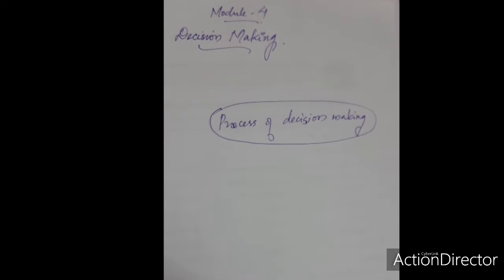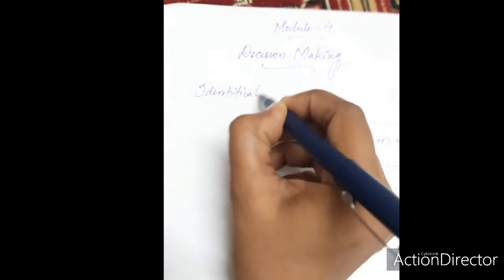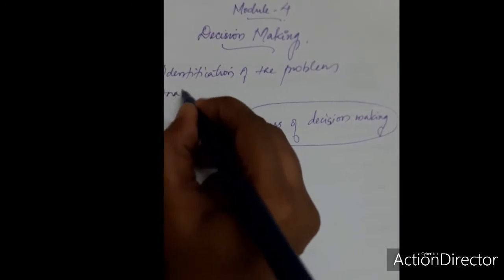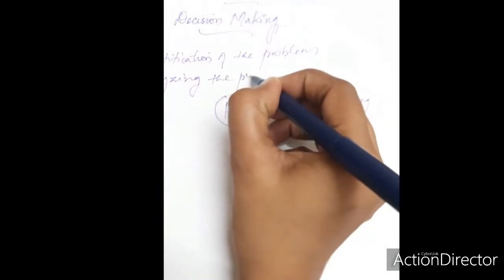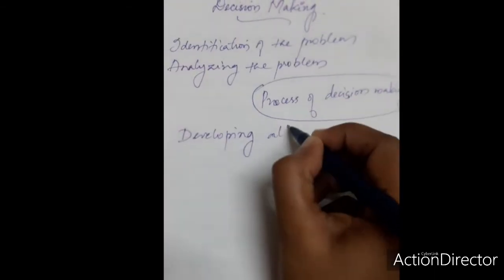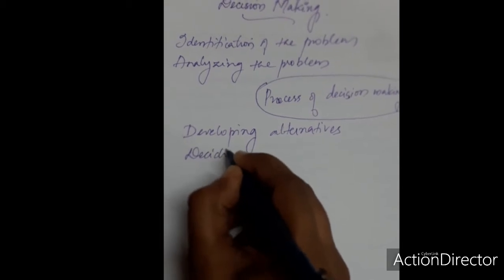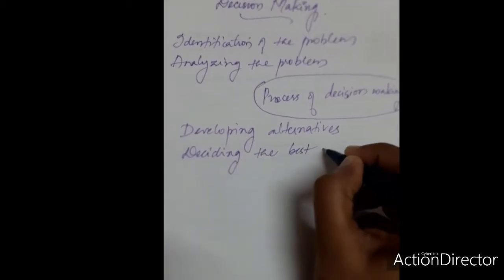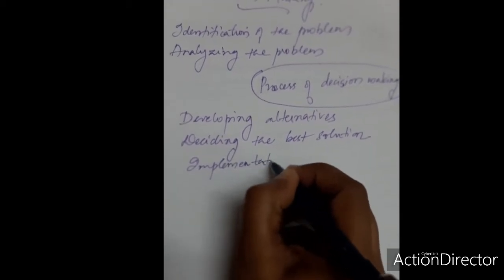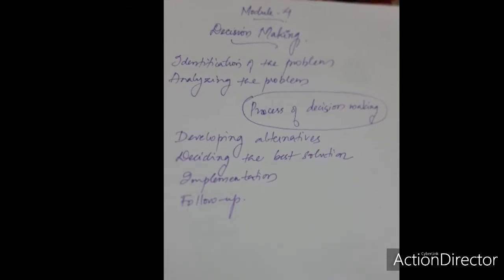The steps in the decision making process involve identifying the problem, as we've discussed earlier: identification of the problem, analyzing the problem, developing alternatives, deciding on the best solution, implementation, and lastly follow-up. Hope these steps are clear for you in the process of decision making.